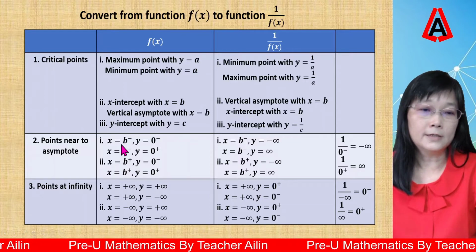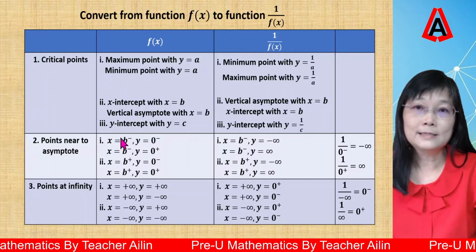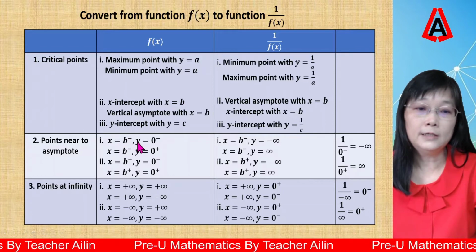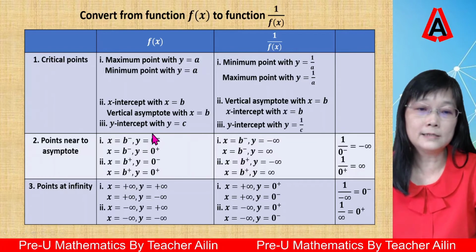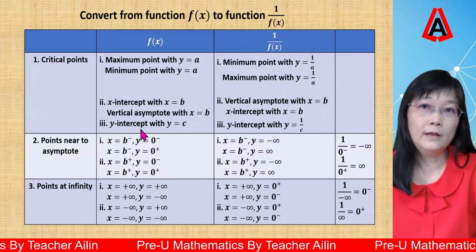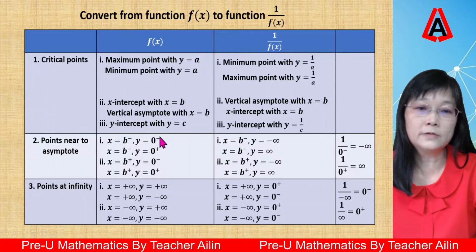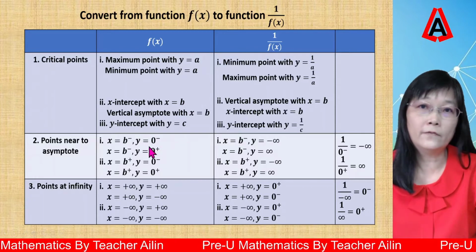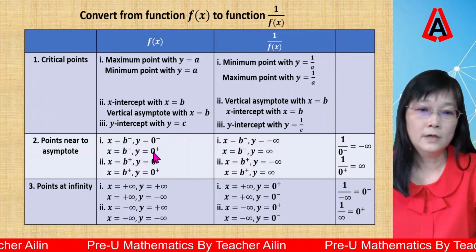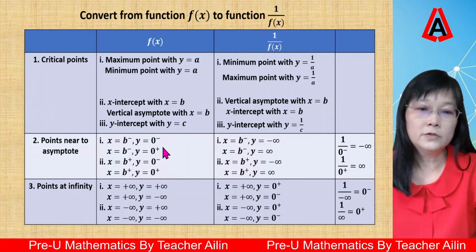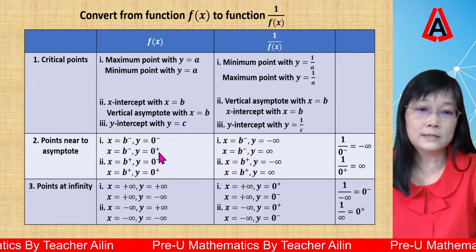Okay, so now first, when x is slightly less than b, if the value of y is slightly less than 0, we use the notation 0 negative to represent a value slightly less than 0, and 0 positive to mean a value slightly greater than 0.